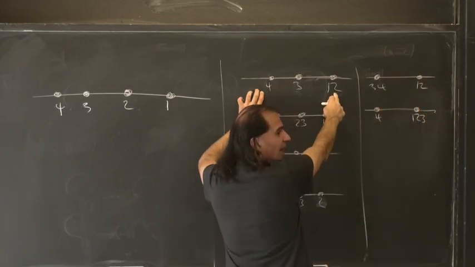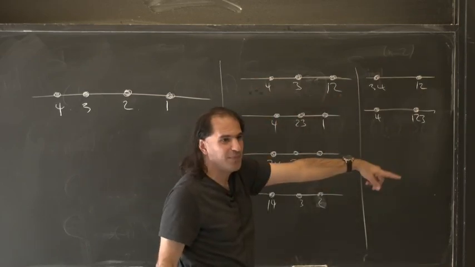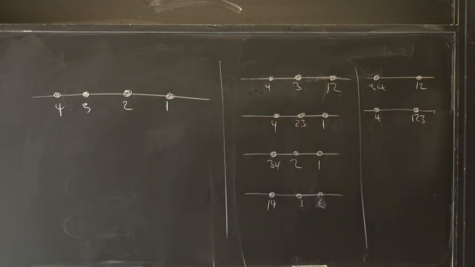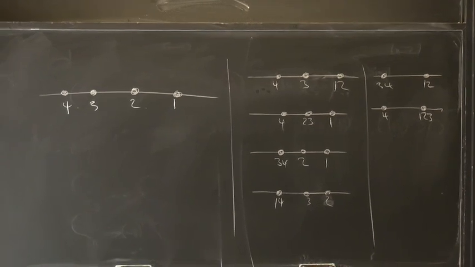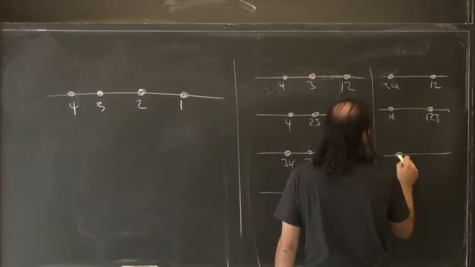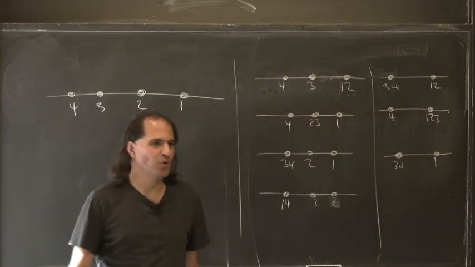Or I could, now that 1 and 2 are on top of each other, what does sending 2 to 0 mean in this picture? If I send 2 to 0, that just means when I extend out the picture of the ray to draw 1, 1 is just gone. I just don't see 1 anymore. I don't see 2 anymore, right? So here's another boundary. Just 3, 4, and 2 is gone. I deleted 2.